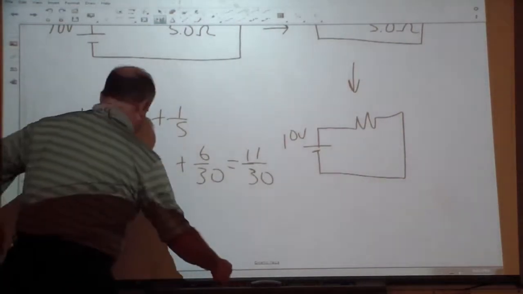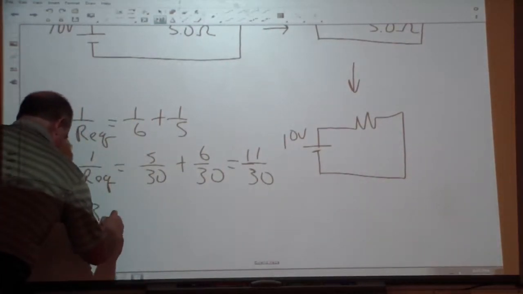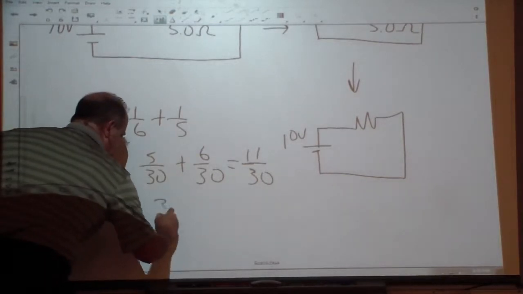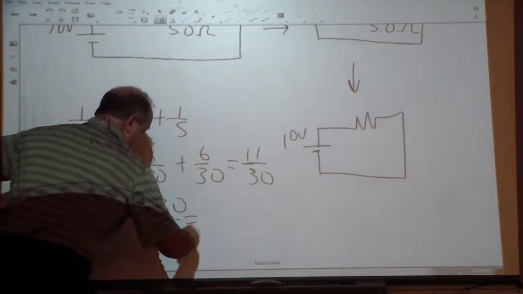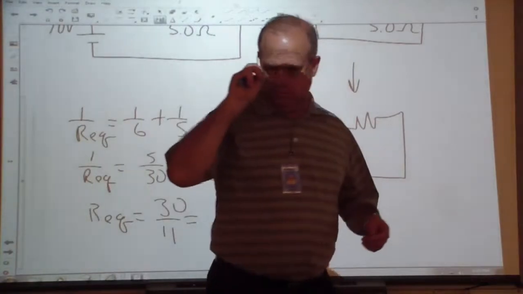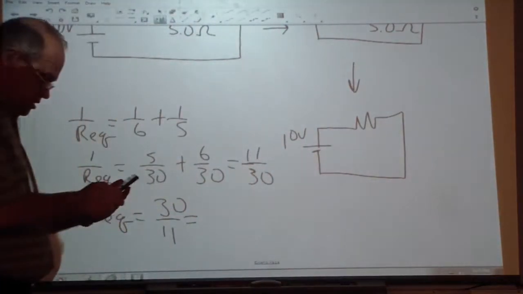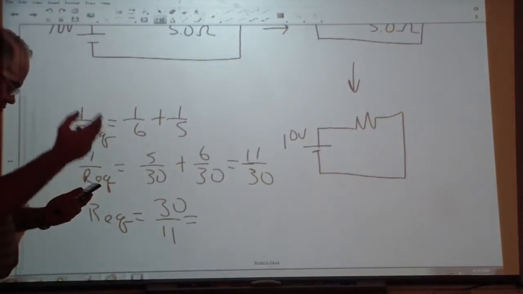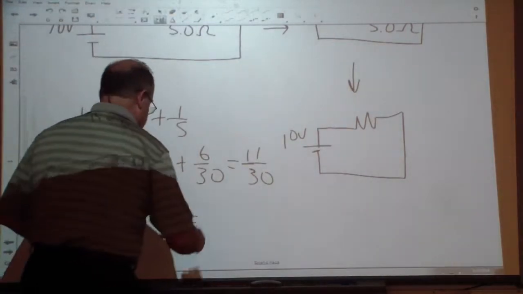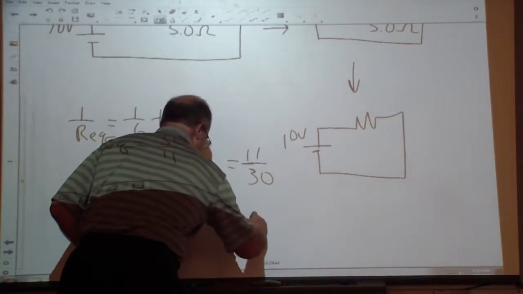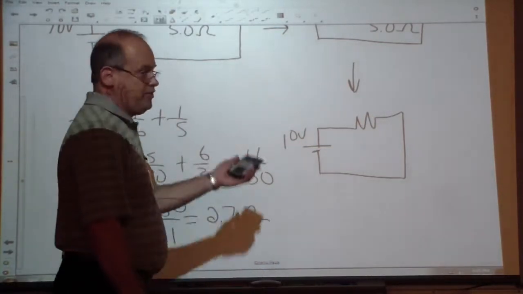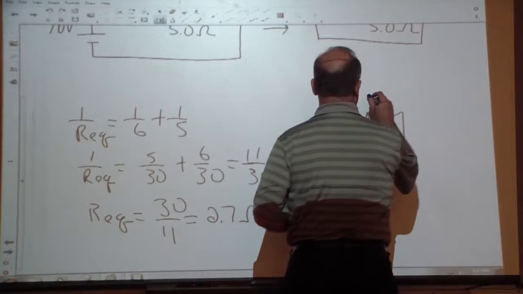So therefore, we get REQ equals 30 over 11, which equals 2.7. That's the REQ for those 2. So 2.7.